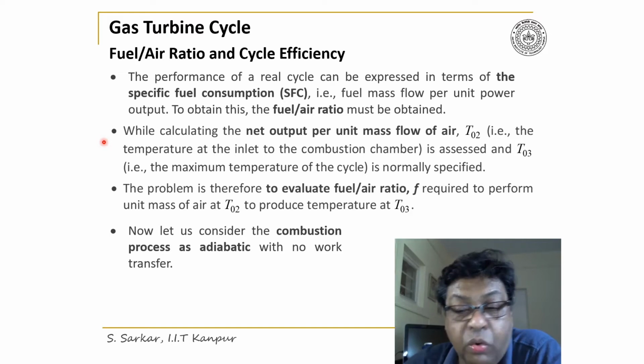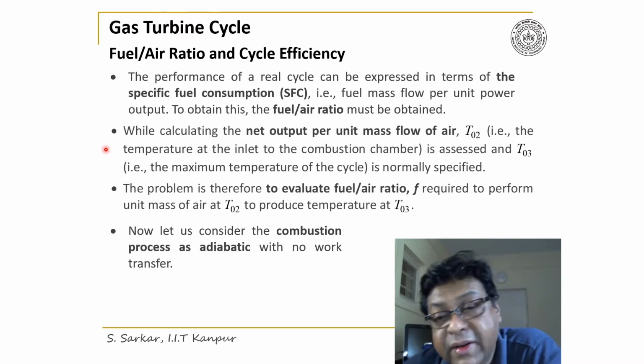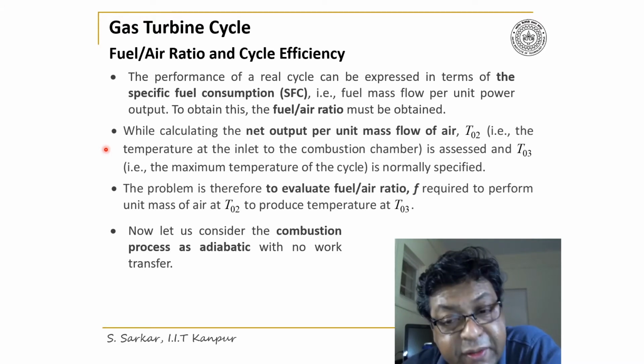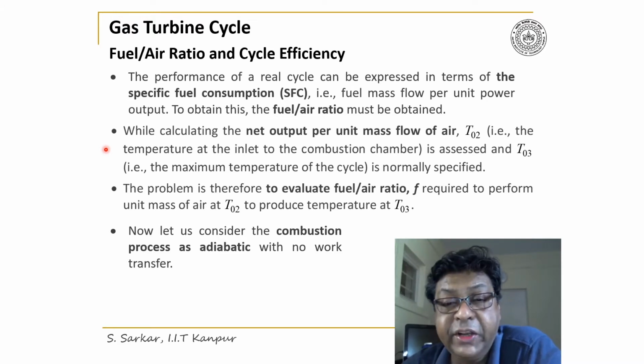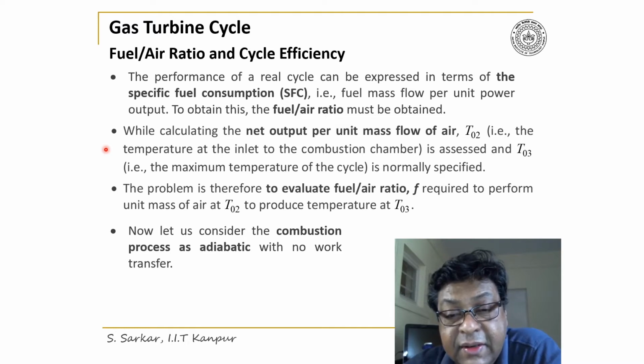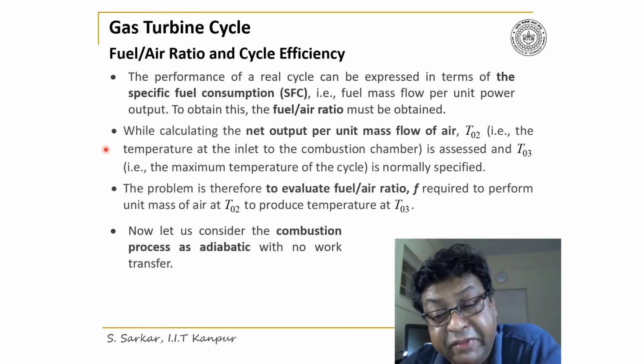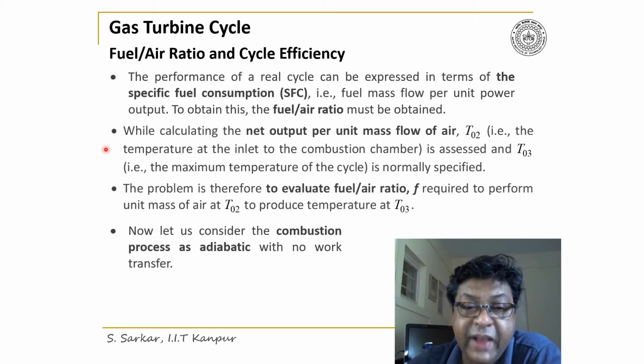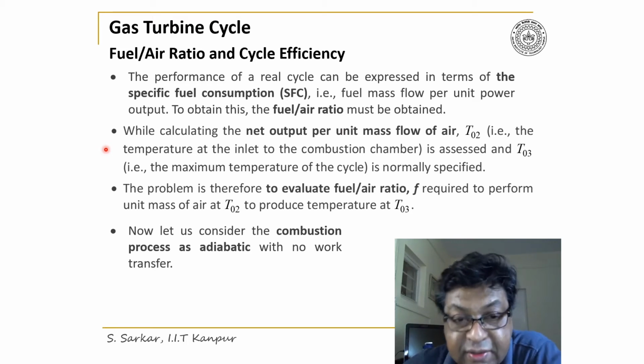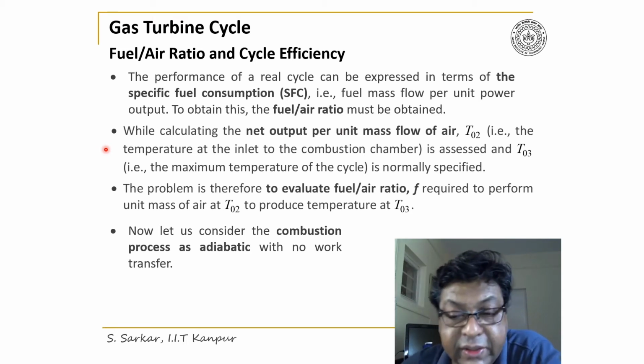That is what I'd like to say here: T02 will have to be assessed and T03 is given, which is the maximum temperature of the cycle for any cycle analysis.